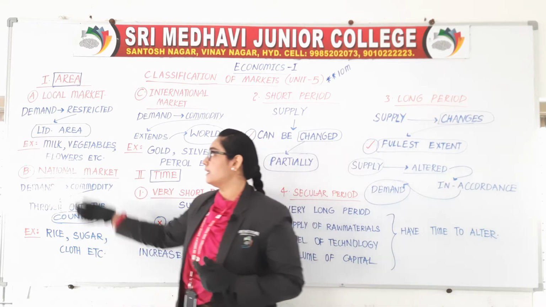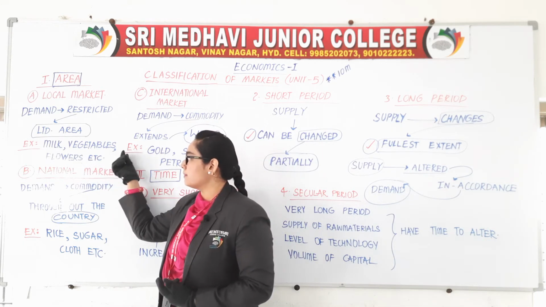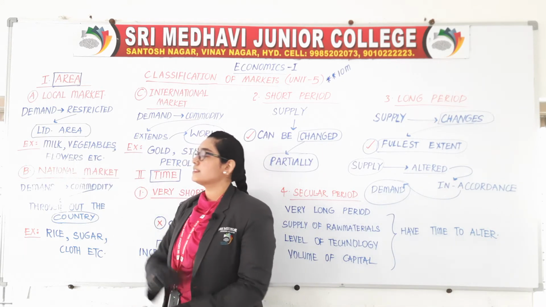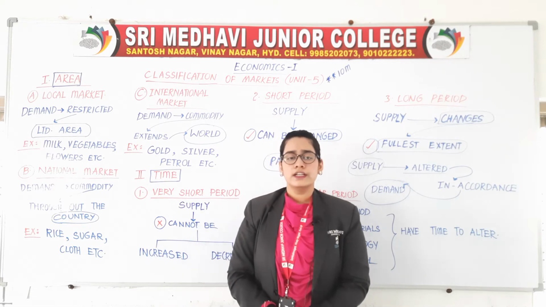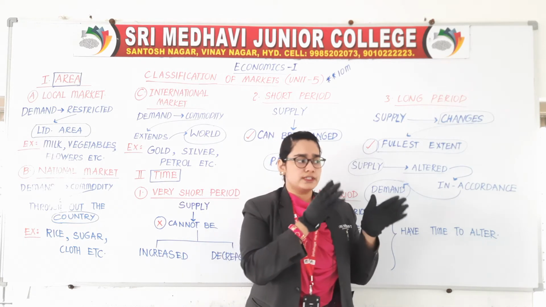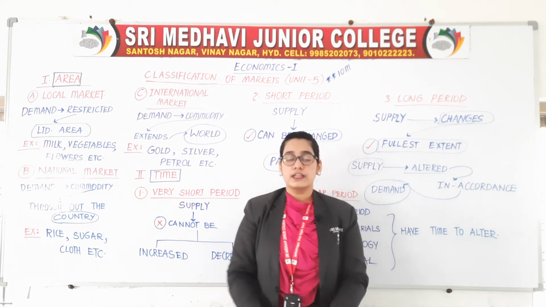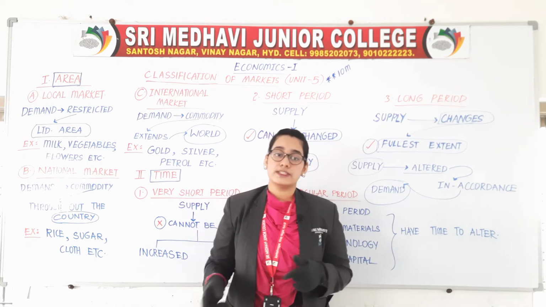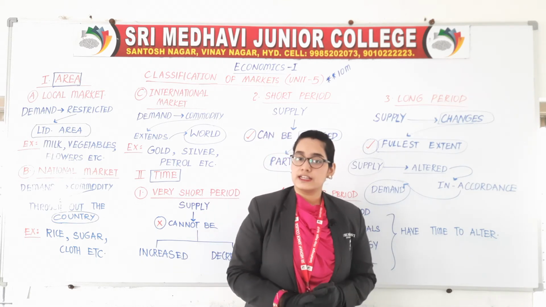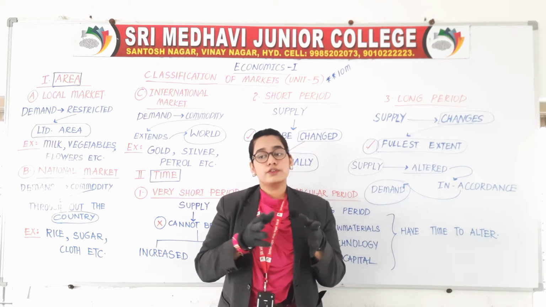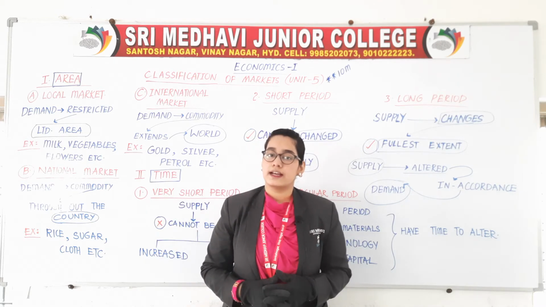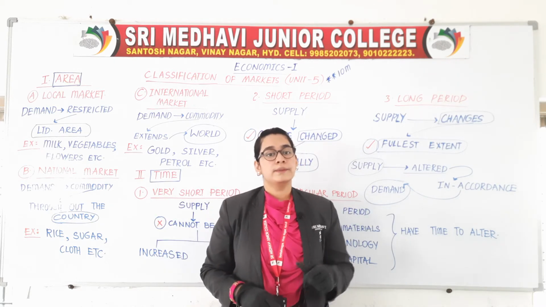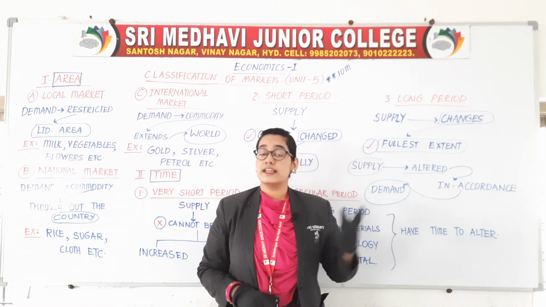For example, milk, vegetables, flowers, etc. So milk you will be purchasing from a particular area only. Vegetables you will be purchasing from particular areas only. Flowers are also found in a particular area. Can you find milk, the dairy farms, everywhere?